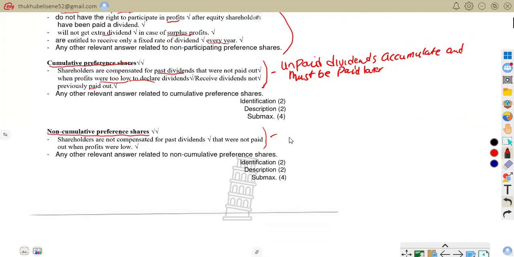That's what it means with non-cumulative preference share.